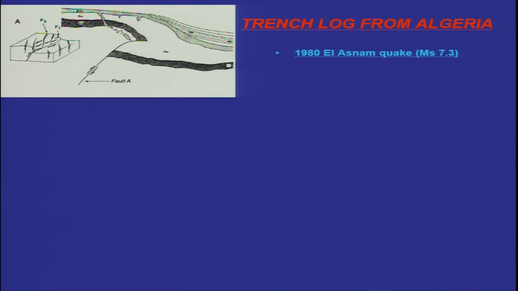So, another trench explains again the earthquake of Alasnam. Having high angle and then getting into low angle, this fault A displaces the beds CLI and RU, and created a fault propagation fold.